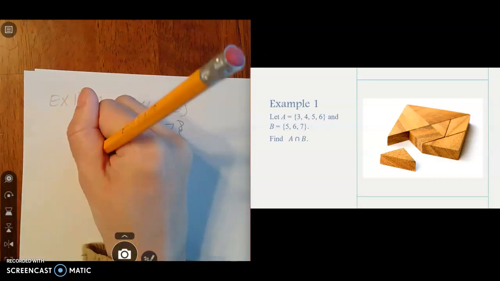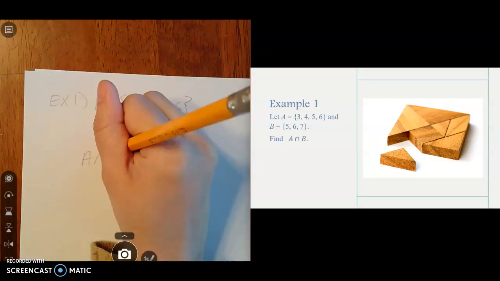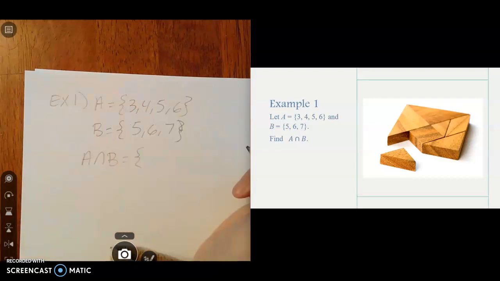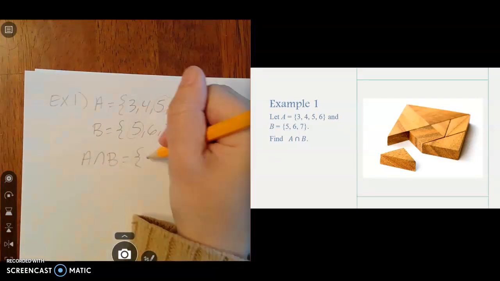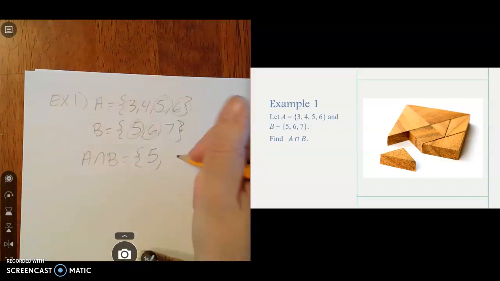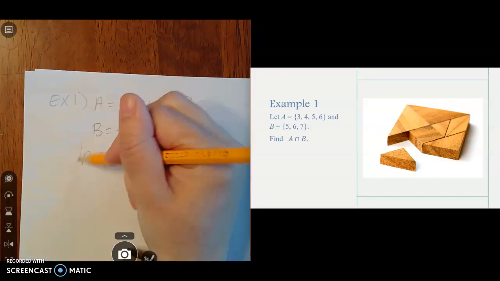If I want to do that intersection, A intersect B, I'm looking at what they have in common. So what do they both have? Well, they both have a 5, and they both have a 6. So that's the intersection, 5 and 6. That's what they both have.